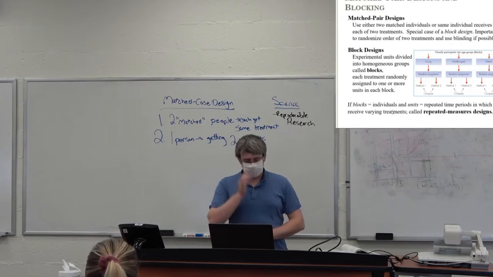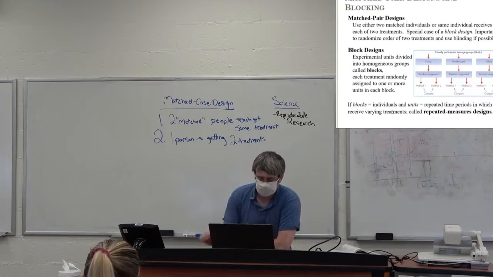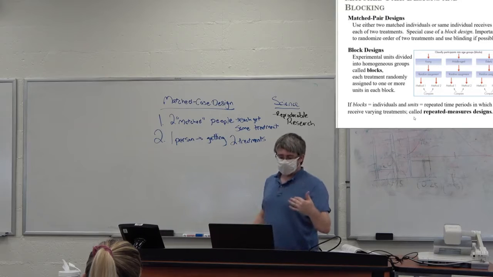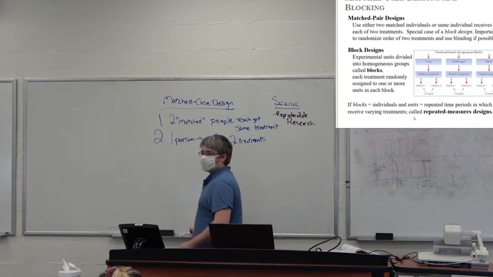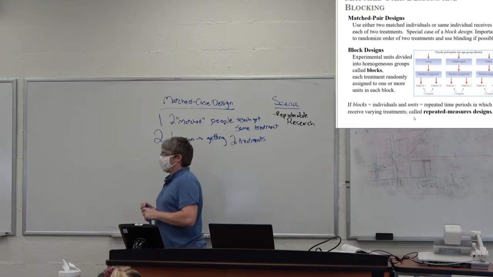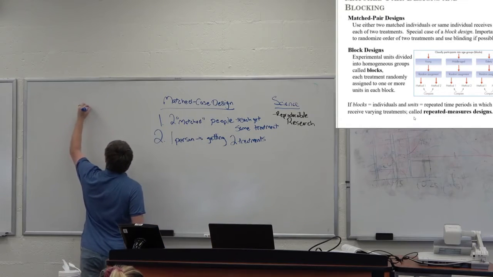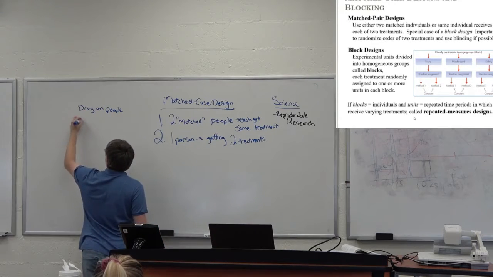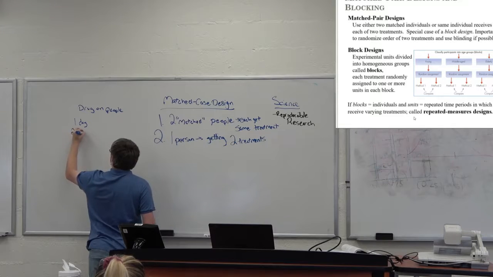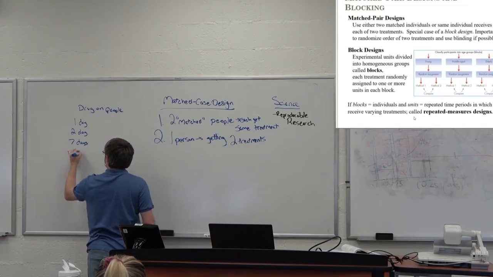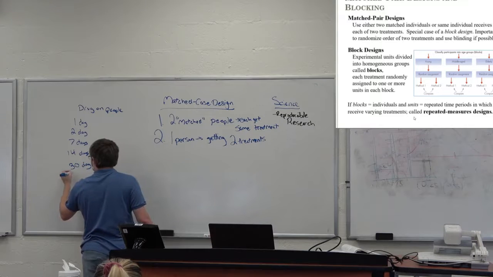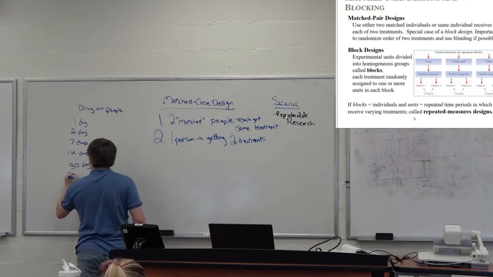And so a special type of having blocks in different units is called repeated measures. If you have different individuals, and then you have repeated measurements on them. So suppose you're doing this study, and you're trying to understand the impact of a drug on people, and then you have like 1 day after they get the drug, 2 days, and then you go all the way to a week, so 7 days, 14 days, and then you go all the way to a month, and then maybe they follow up the year after, so 365.